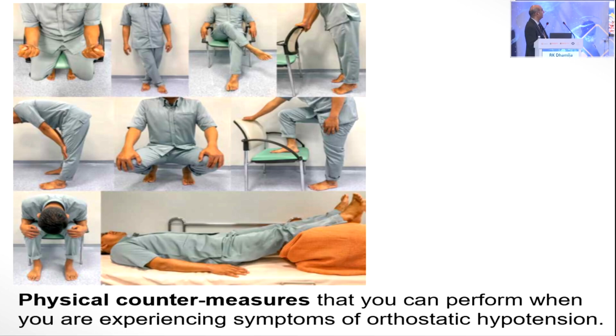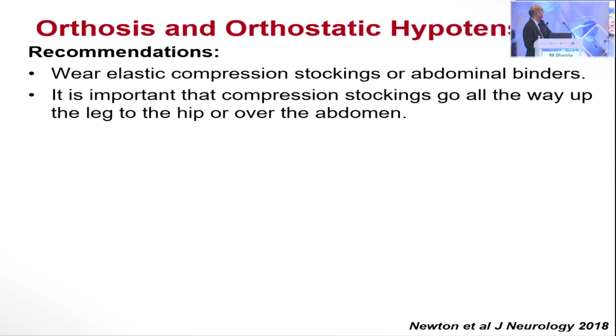You can also do all these physical countermeasures like clenching the fist, crossing the legs, sitting down, leaning forward. You can do squatting, putting a leg on the chair, or the brace position, which is what we normally hear during plane safety measures, and of course raising the leg. So that is something which can be done.